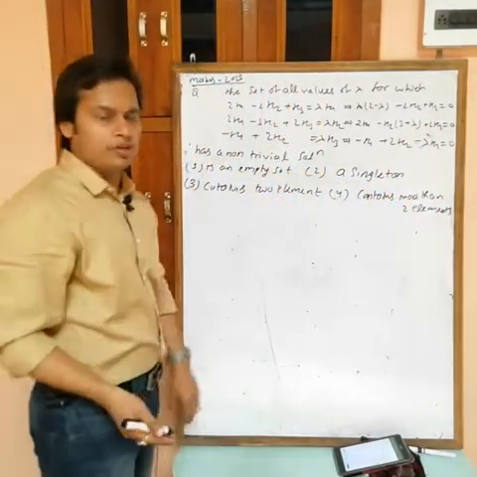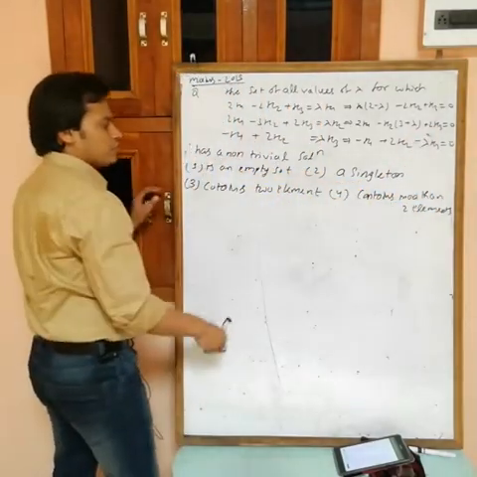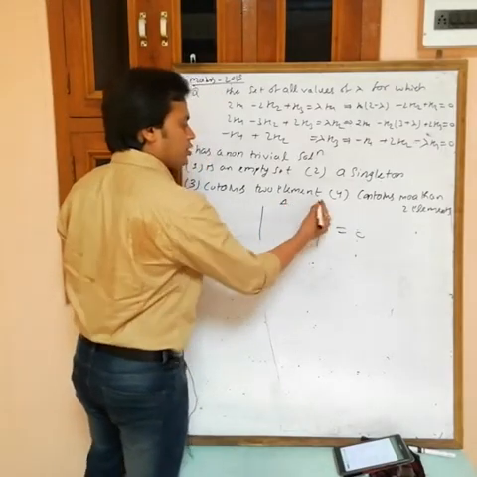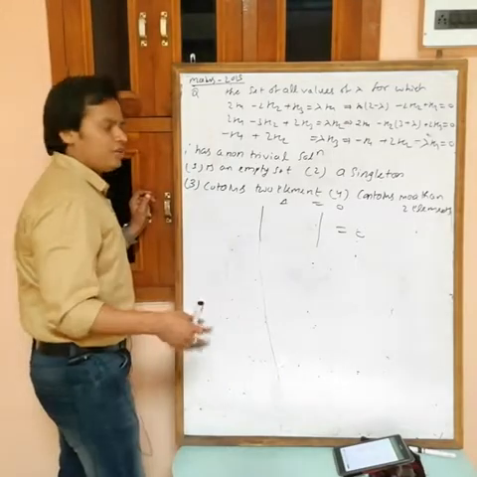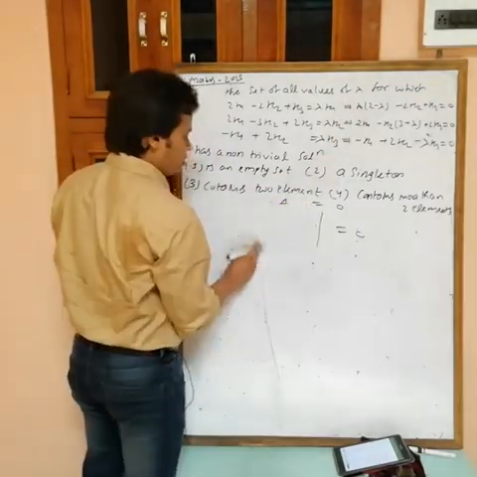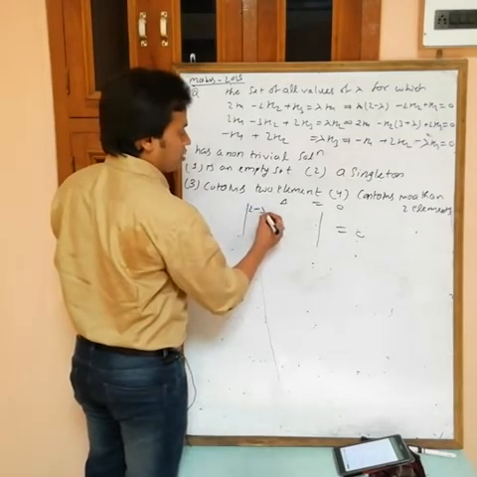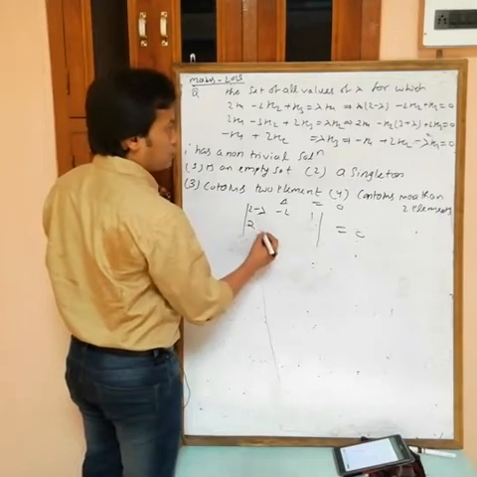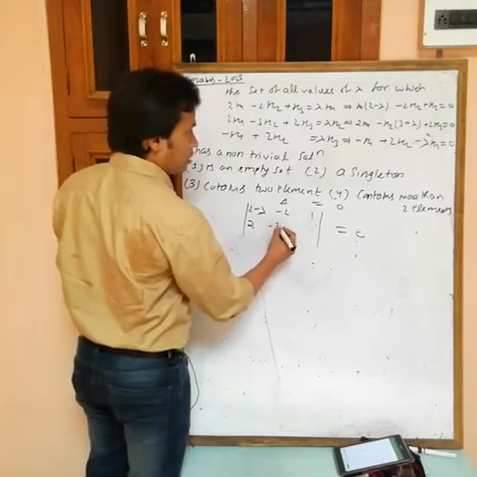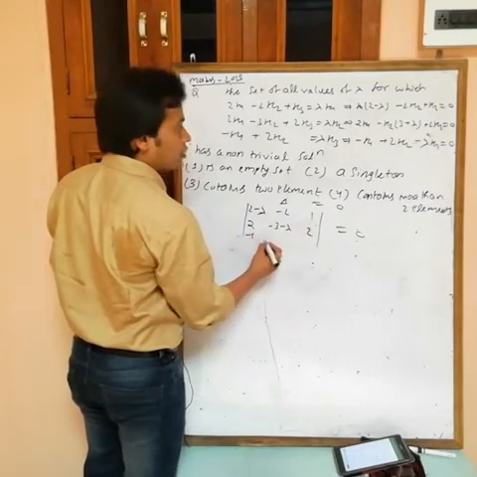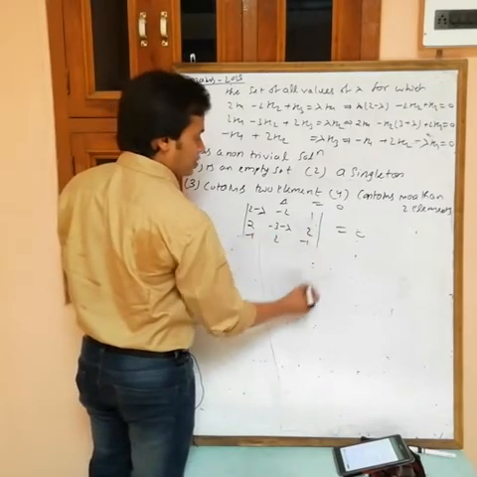There is no constant term, and the condition for a non-trivial solution is determinant equals 0. This is the condition, del equals 0. Put the coefficients in the determinant: 2 minus lambda, minus 2, 1; 2, minus (3 plus lambda), 2; minus 1, 2, minus lambda.